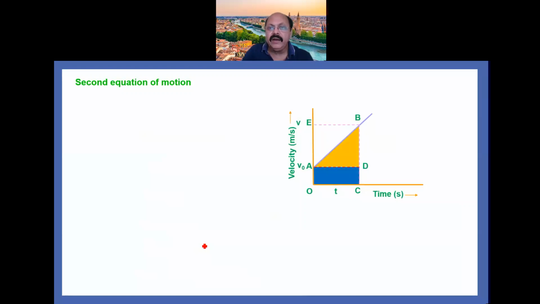If we calculate the area of the VT graph, that will give you the distance traveled by the body in a given direction. So here the area of the trapezium OABC gives the distance traveled by the body.